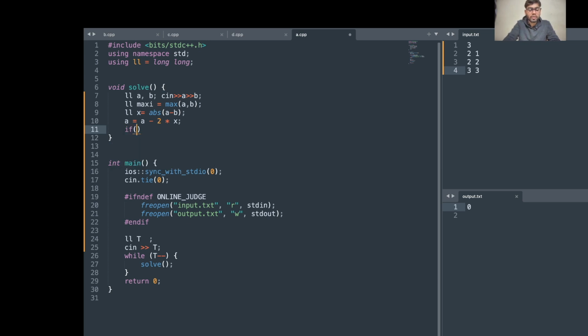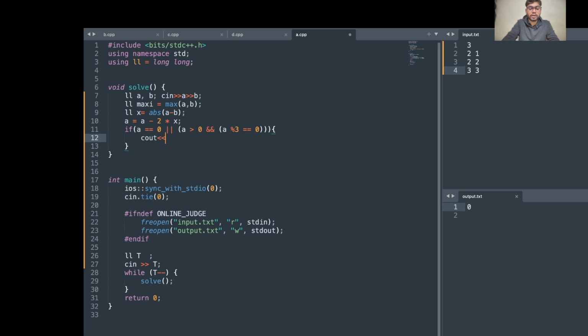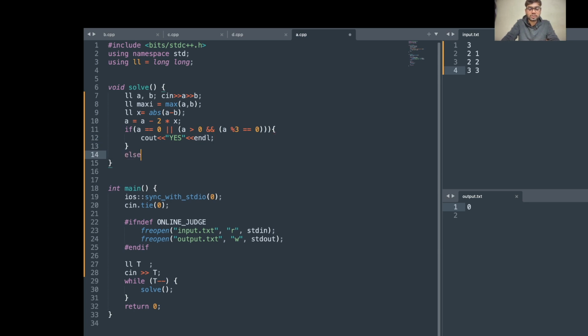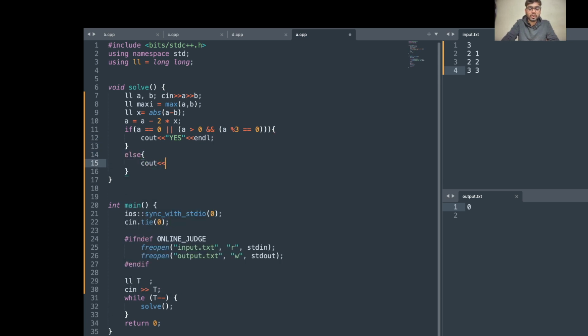So if A is equal to 0, or A is greater than 0 and A modular 3 is equal to 0, then what I have to print is yes, else print no.